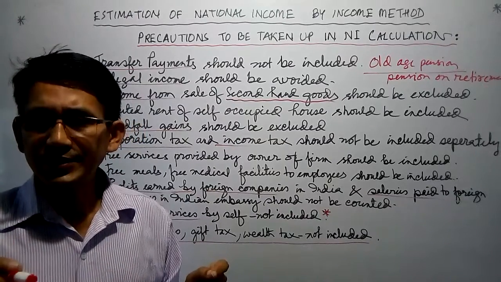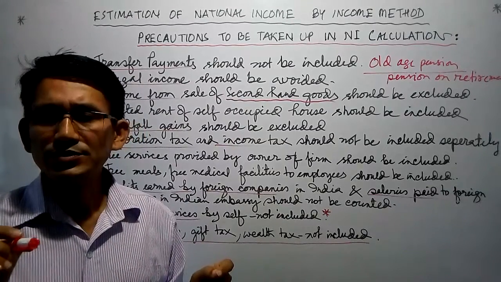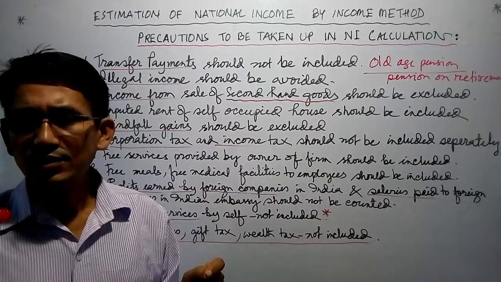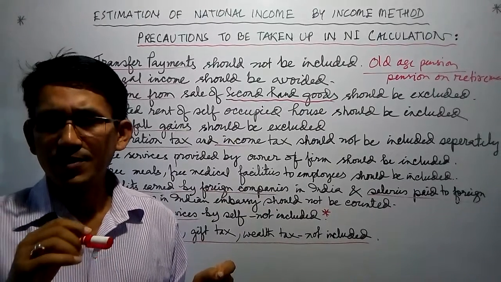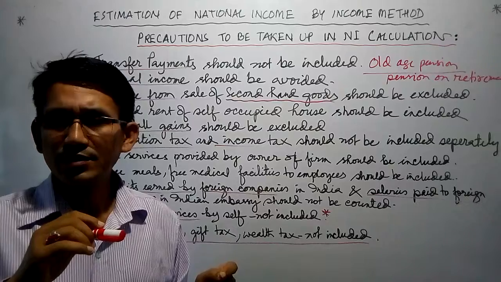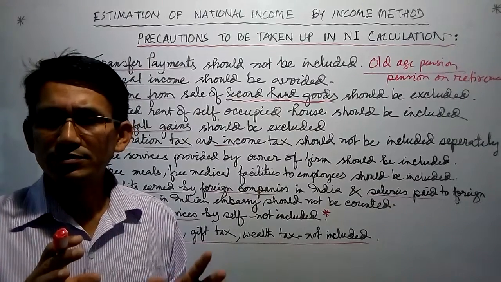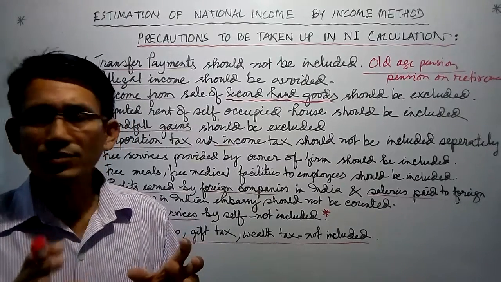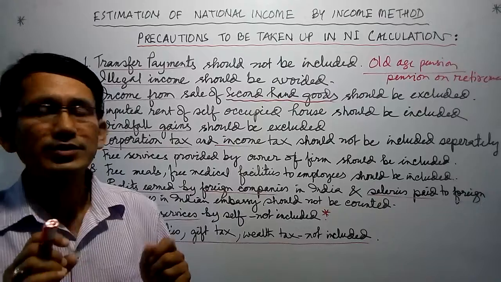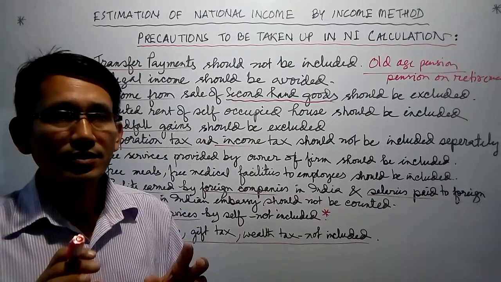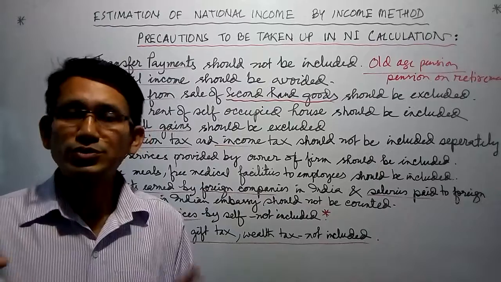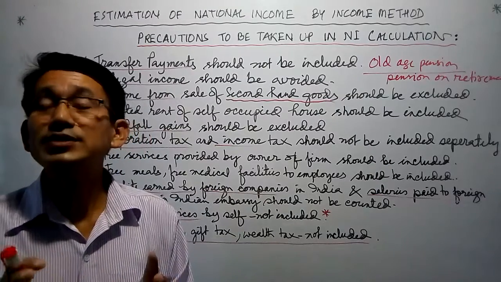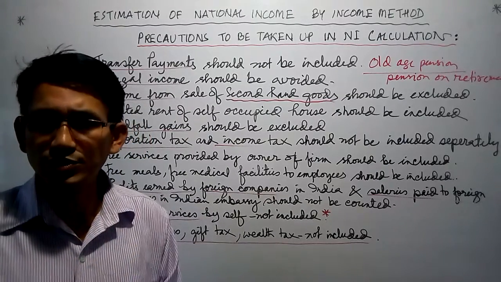Through the income method, we cannot take into account the value of goods sold for the second time, I mean the second-hand goods.